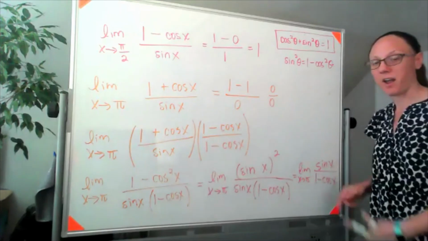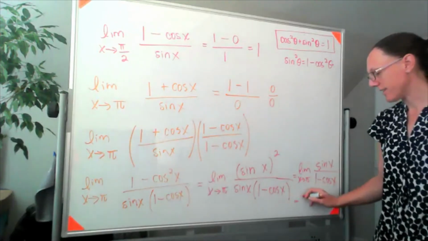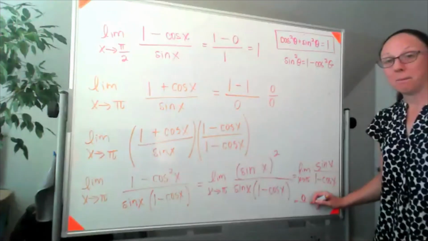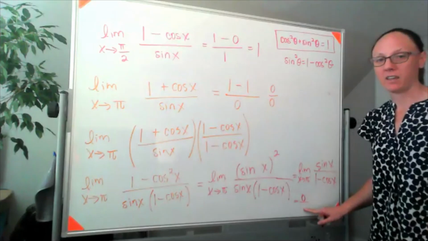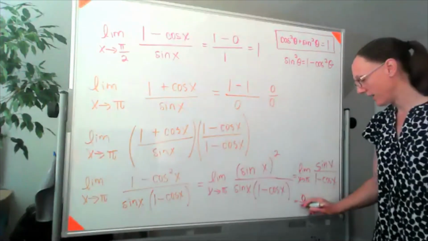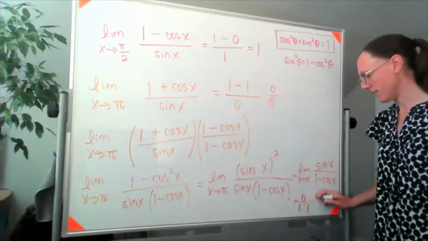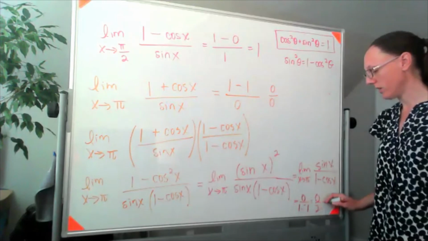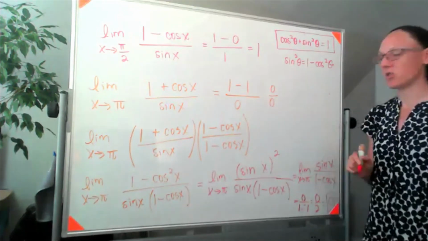So if I plug in the pi, sine of pi is equal to 0. But as long as I don't get 0 in the denominator, it's okay. When I plug in pi here, cosine of pi is -1. So I have 1 minus -1, which means I have 0 over 2, which is 0. And that is the answer to our original limit.